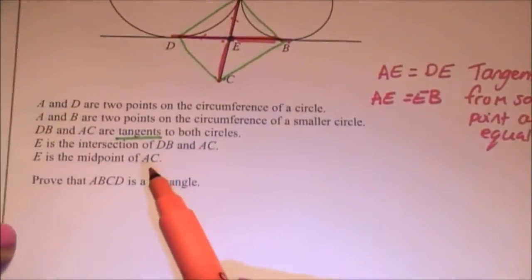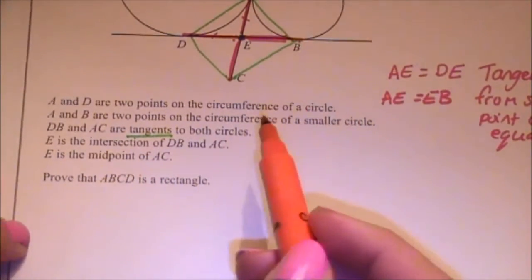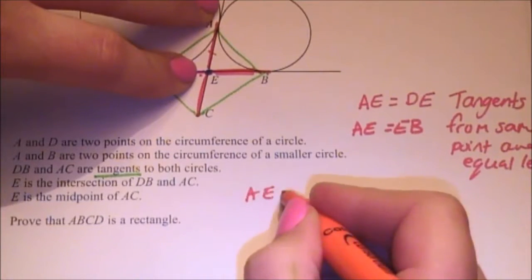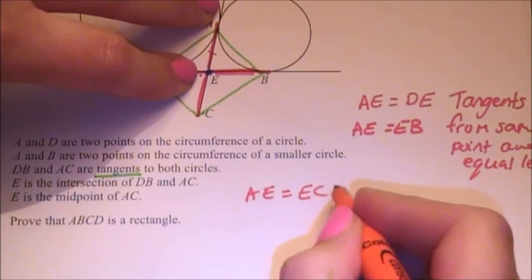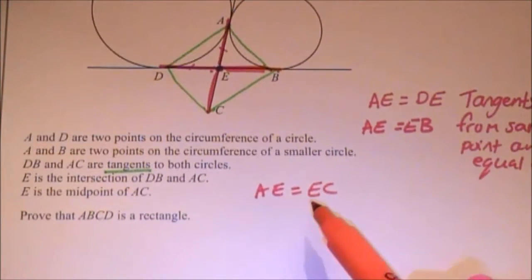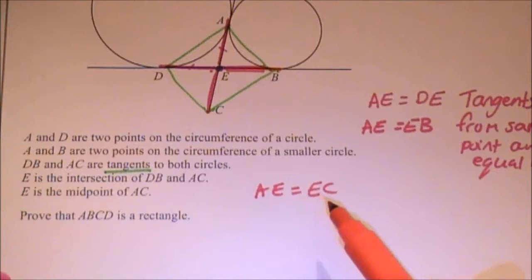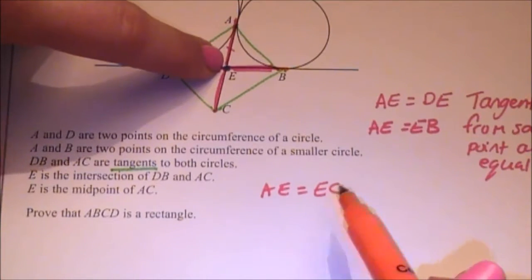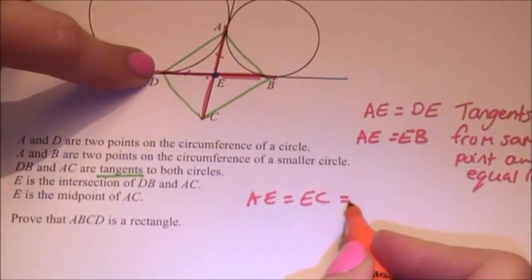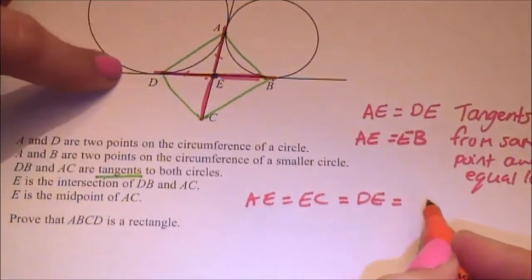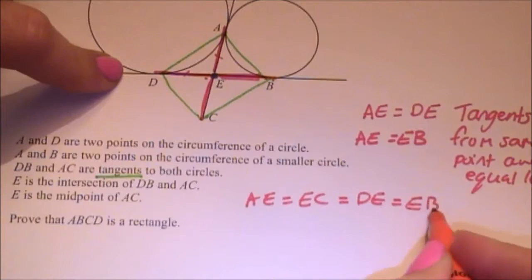Now, I'm going to write my reasons down first. I've just got ahead of myself. So the fact that I've noticed AE is equal to EC, which was in the question, because it said it's the midpoint. So AE is equal to EC. That must mean that AE is equal to EC, which is also equal to DE, which is also equal to EB.